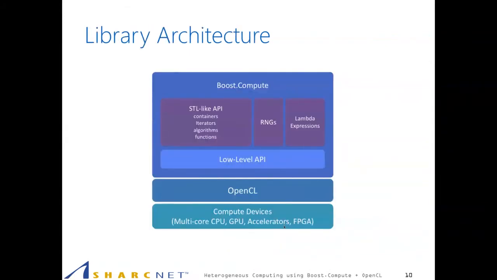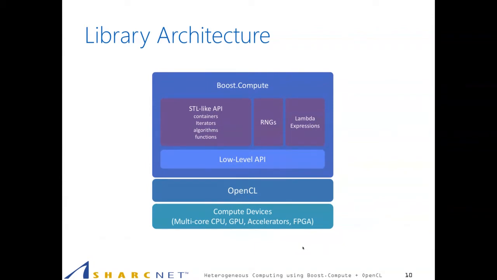The library architecture has a layered structure. At the bottom of the system, compute devices like multi-core CPUs, GPUs, and accelerators are there. There is the OpenCL layer, which Boost.Compute uses. And Boost.Compute has two layers.